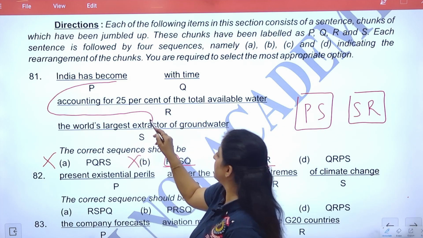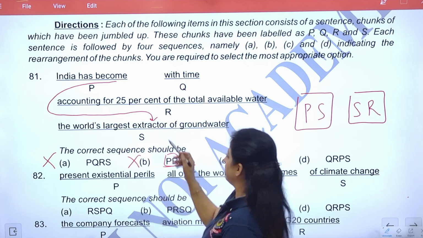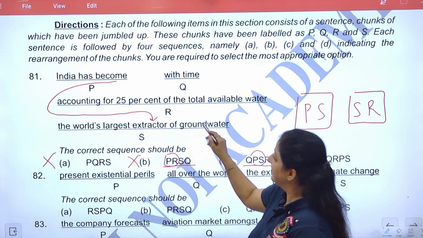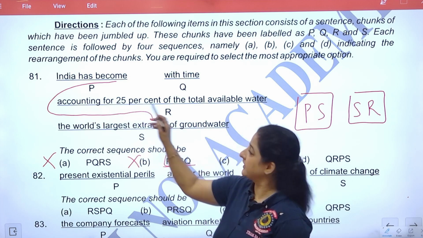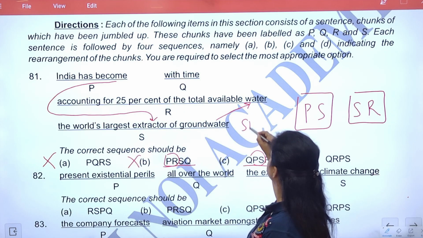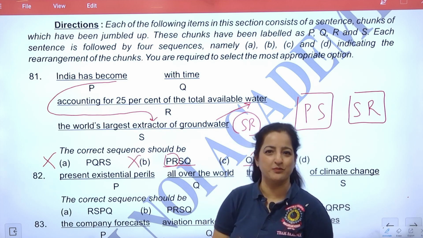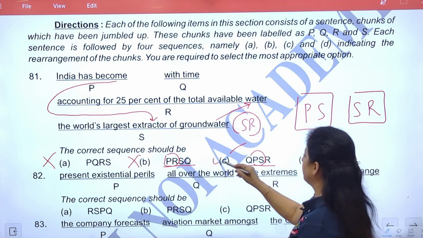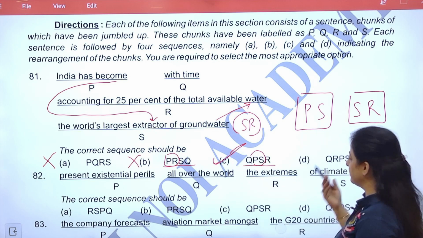Become the world's largest extractor. Now, since this S talks about extractor of groundwater, then the R connects, accounting for 25% of the available water. So, S and R is also a mandatory pair. So which is our correct answer? Charlie. Here itself we have got the answer.